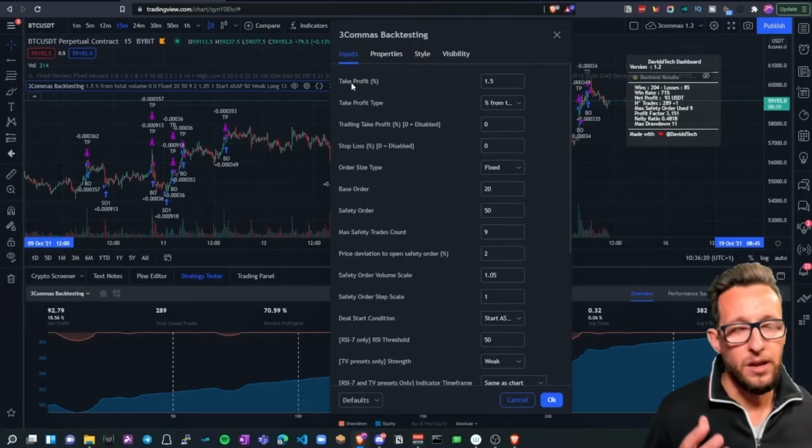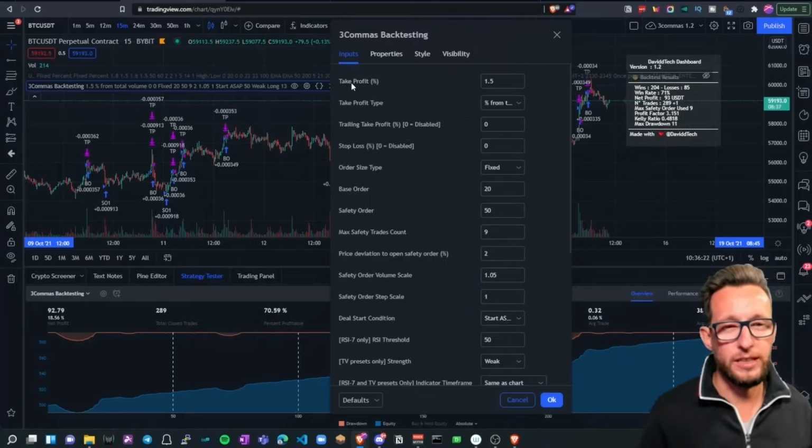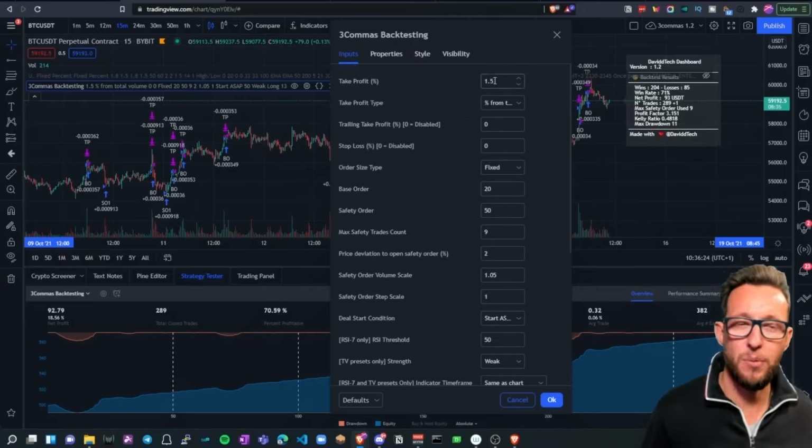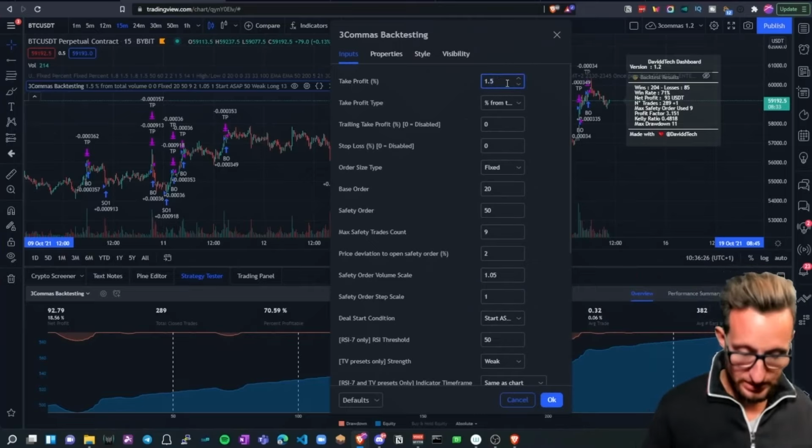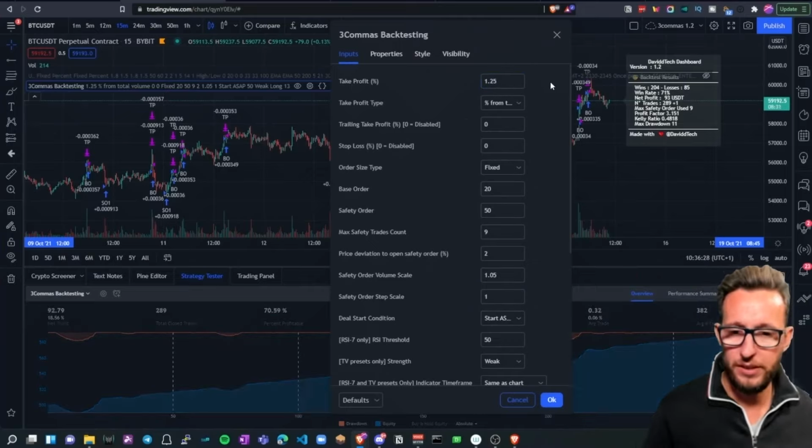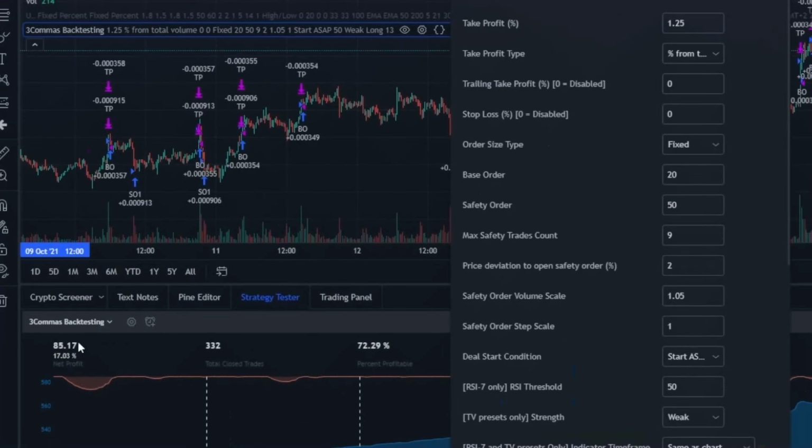Okay, the first thing that I'd like to test is the difference in take profit, because I know that in the first video of TradeAlts, he actually takes profit at 1.5 and then he decreased that to 1.25. So we're actually going to see whether that gives us a better amount of net profit or not. Actually, it decreased the net profit. We increased the number of trades, I believe. Let's have a look back again.